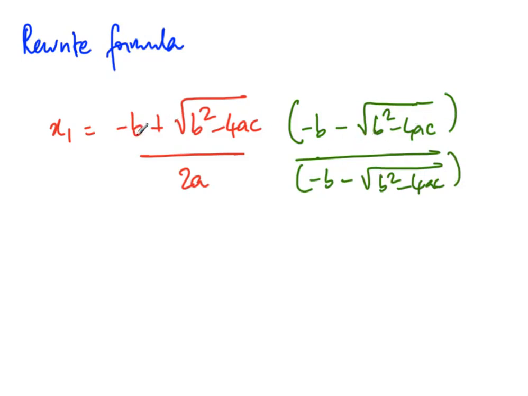Now this is of the form x plus y times x minus y, so this becomes x squared minus y squared. So I'll end up at the top getting b squared minus b squared plus 4ac, and at the bottom I have 2a and then this green term.